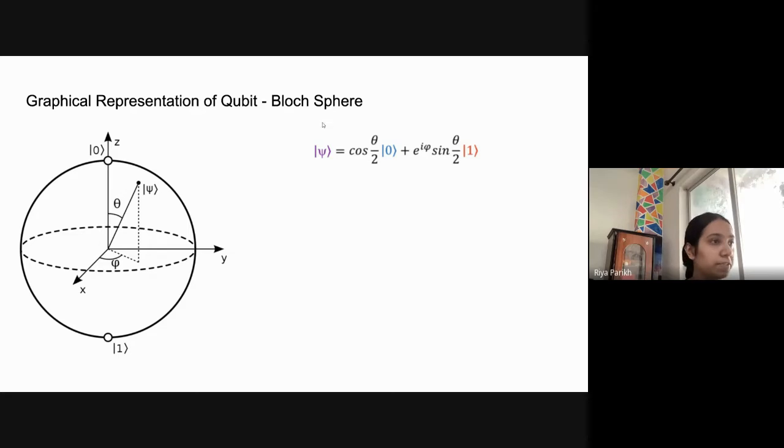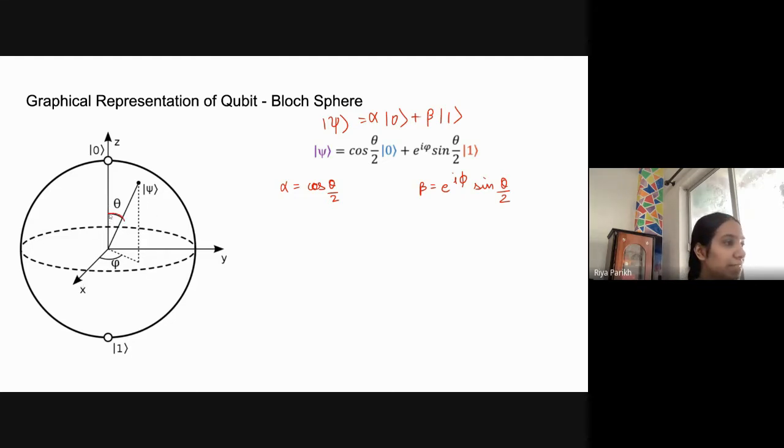As we saw earlier, psi is equal to alpha times 0 plus beta times 1. Comparing both equations, we can see that alpha is cos theta by 2 and beta is equal to e to the power i phi sine theta by 2. And you can notice this theta and phi on the Bloch sphere.